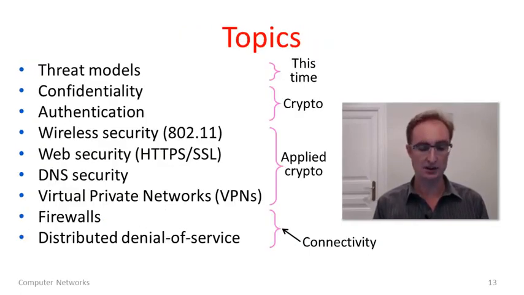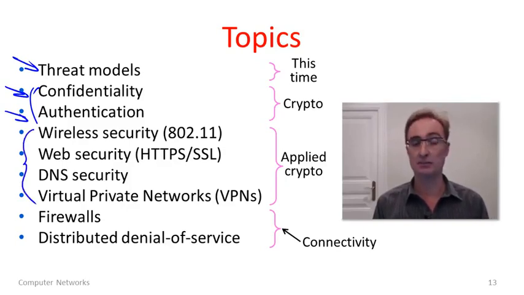Okay, so that's our introduction. So far we've talked about some of the threat models, the concept of threat models. Next, we're going to cover our introduction to crypto and talk about how you can provide confidentiality and authentication of messages. And after that, we're going to go through various material. You'll see how crypto is applied in different ways at different layers.